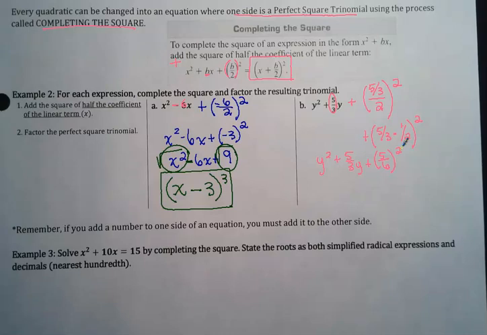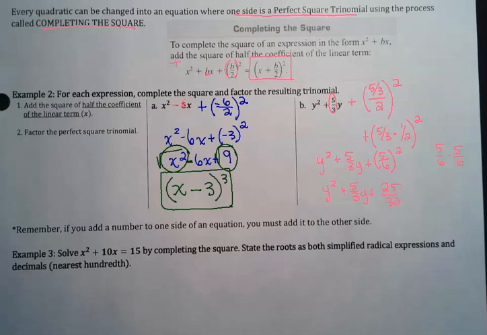Probably not yet. So let me go back. Actually, let's go ahead and do this one this way, and then I'll show you a shortcut. So y squared plus 5/3 y, plus, if we square 5/6, 5/6 times 5/6 is going to be 25/36. Okay, so now we've got our perfect square trinomial.